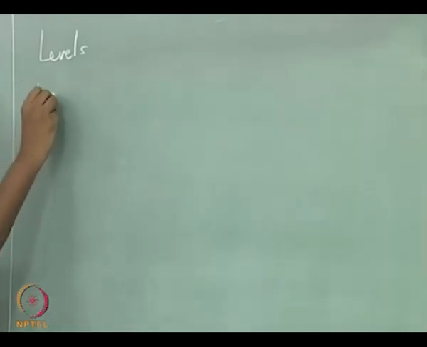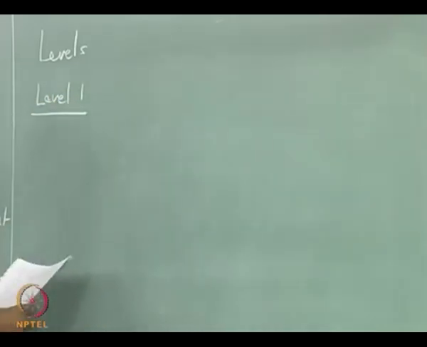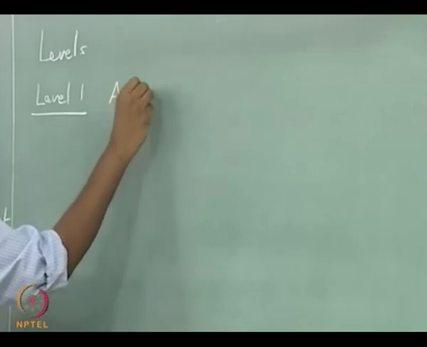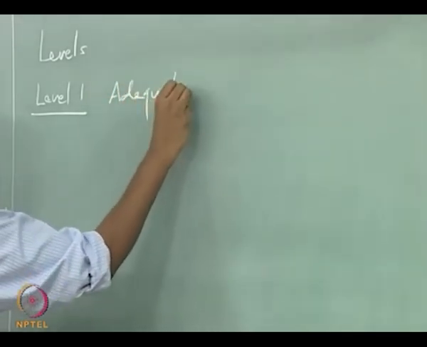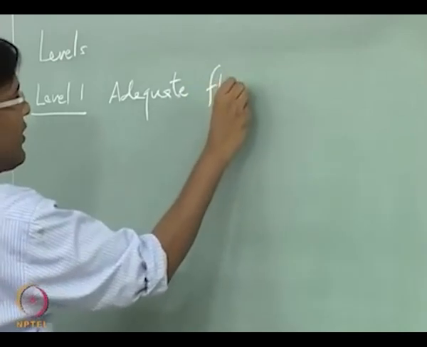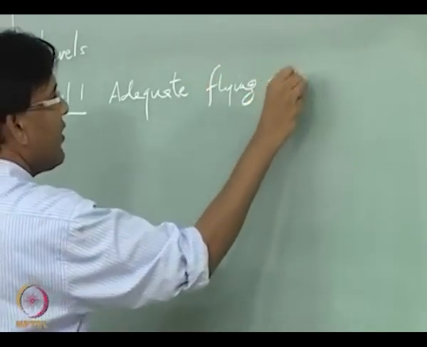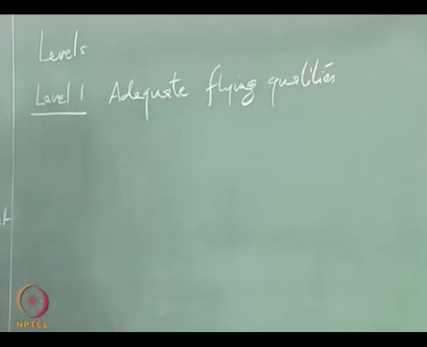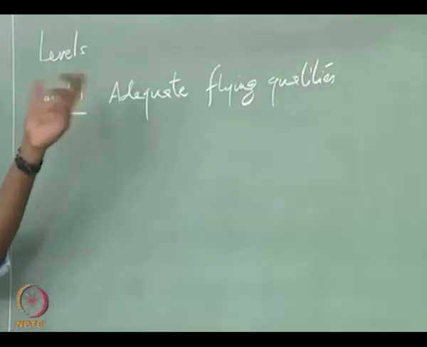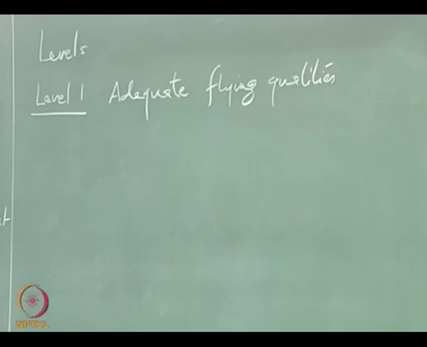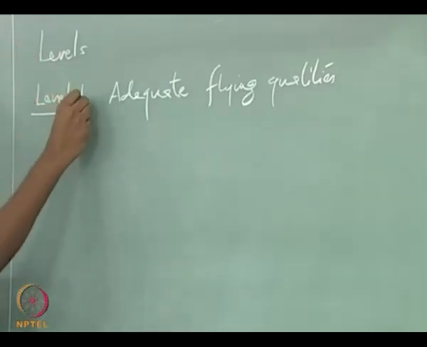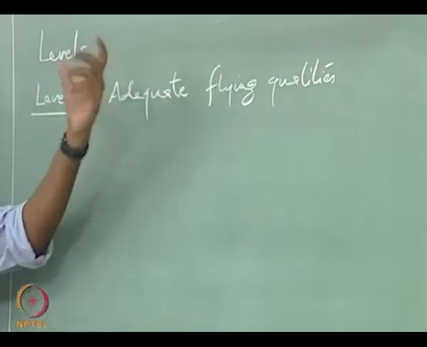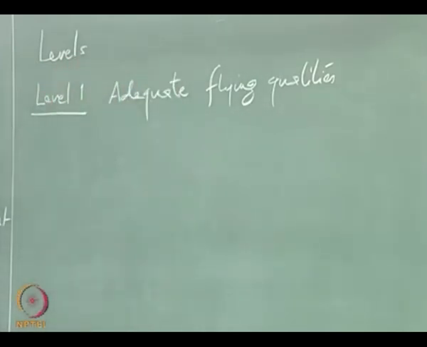So, level 1 is if your aircraft falls in this category, level 1, then you have adequate flying qualities. The pilot feels really good about flying this aircraft.